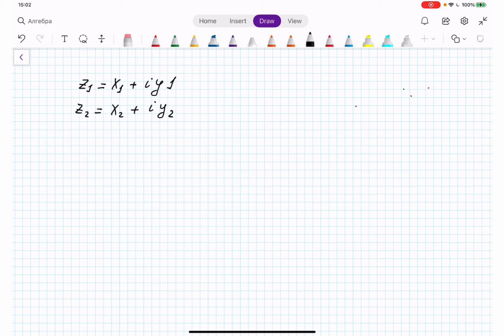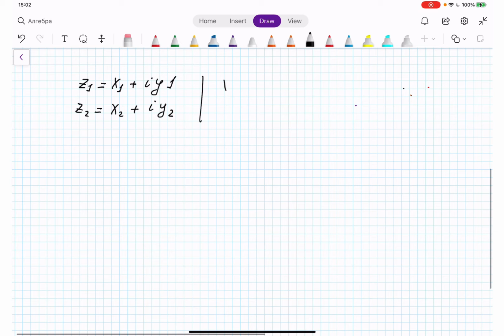These two complex numbers are called equal if and only if x1 is equal to x2 and y1 is equal to y2, which means the real and imaginary parts are equal.